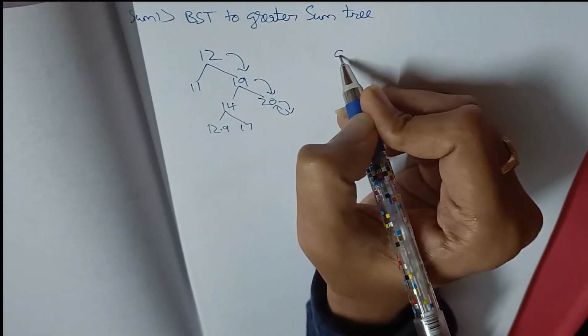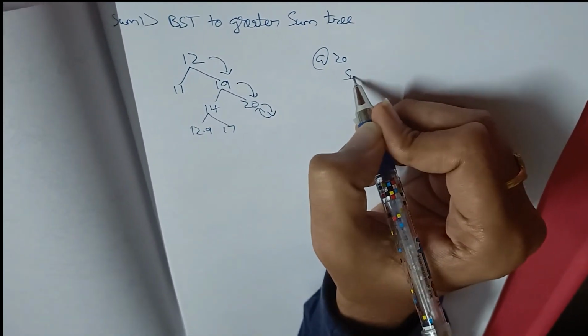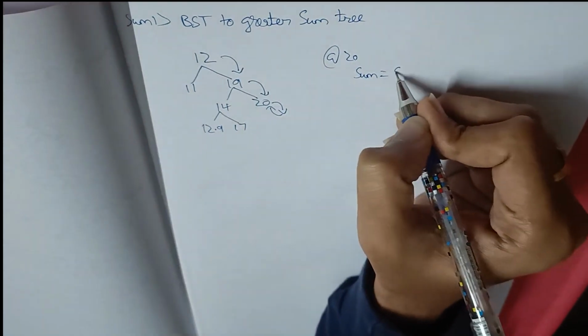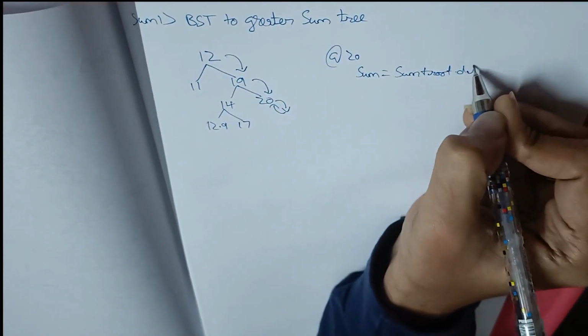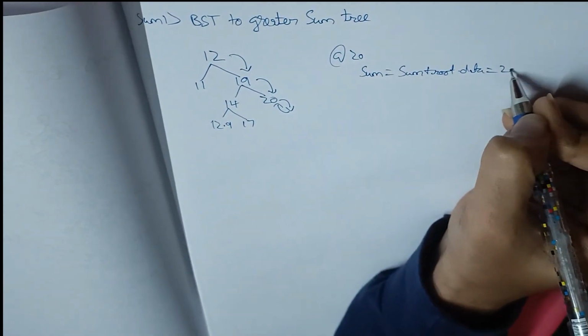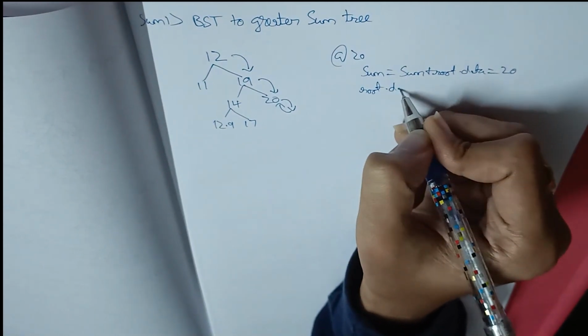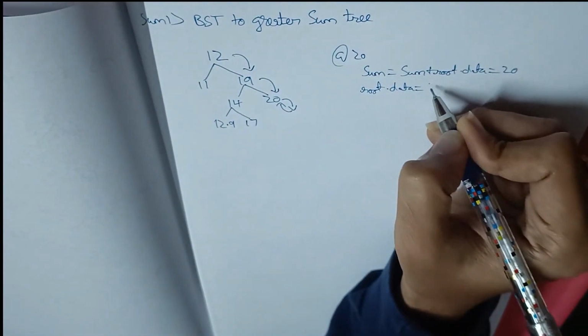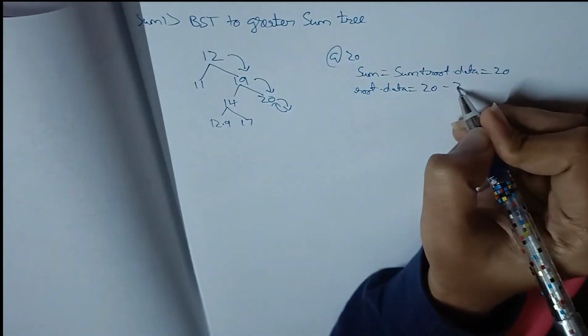So let's see what's going to happen at 20. At 20, the sum value is going to be sum is equal to sum plus root.data. Root.data is 20 and sum is 0. So sum is going to be 20, and root.data is going to become sum minus root.data, which is 20 minus 20.